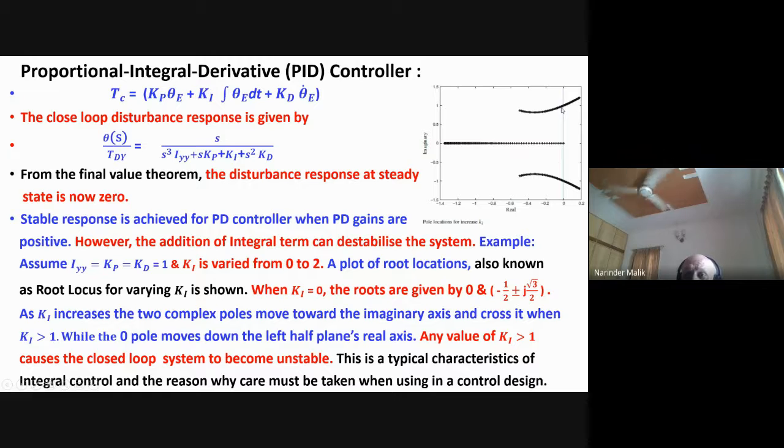So that is the condition. You have to be extra careful while designing the PID controller, and the appropriate value of Ki has to be chosen. This is a very, very important thing. On one hand you have the steady state error to be made zero, on the other hand you have a possibility of instability. So the design approach has to be properly done.